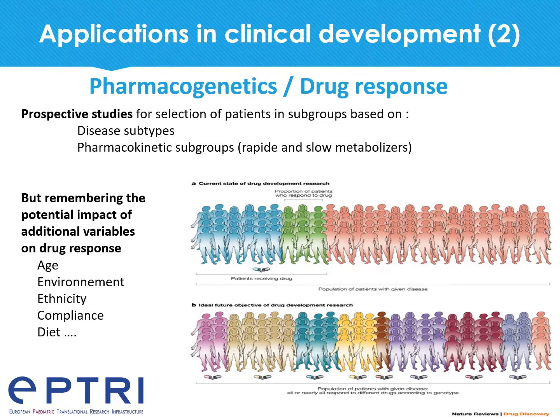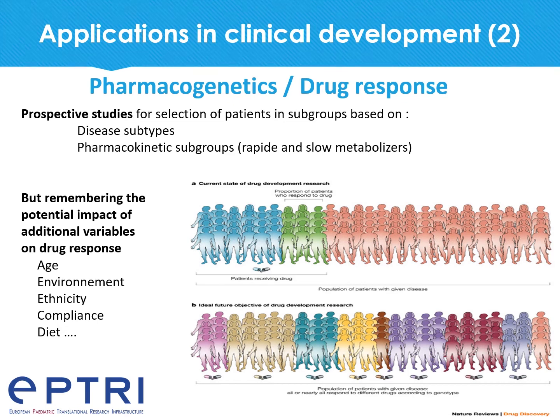According to that, the current status of drug development research consists of studying a population of patients with a given disease and selecting patients who will respond to the drug in a subgroup of patients receiving the drugs.